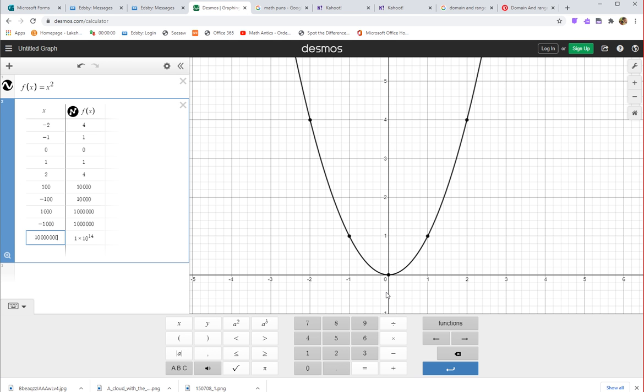So for my x values, I can have any x value because this parabola is going to keep going out and out to each side. But it will never have negative y values ever. Of course, I could have any positive y value. Okay, so that's what we're thinking about when we're trying to describe domain and range.